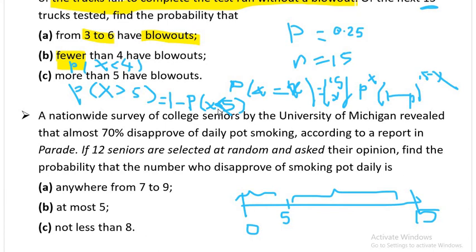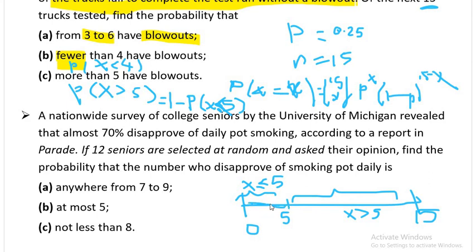But x less than or equal to 5, because 5 is not included here. This is x greater than 5, right? So when you write the opposite, it will be x less than or equal to 5, because 5 is not included over there, so you have to include it here. So you will find the probability of 0, 1, 2, 3, 4, 5.